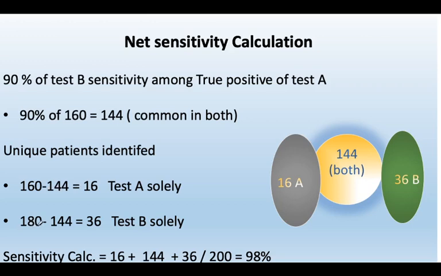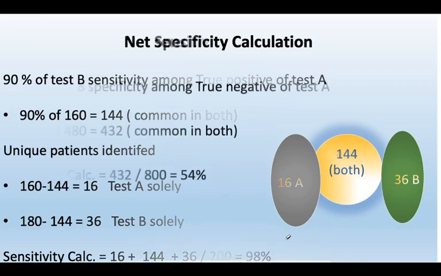Similarly for test B, 180 minus 144, 36 individuals by test B. So for sensitivity calculation, we assume that 16 plus 144 plus 36 divided by 200 is equal to 98% sensitivity. So we increase the sensitivity by performing two tests, different kinds of tests on the same population. So this is called the net sensitivity calculation.